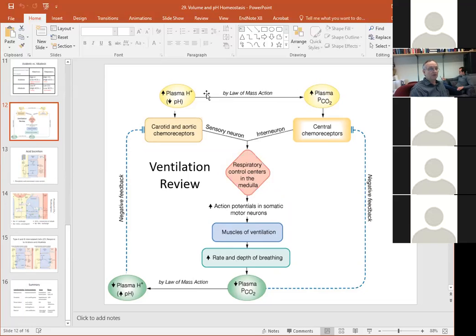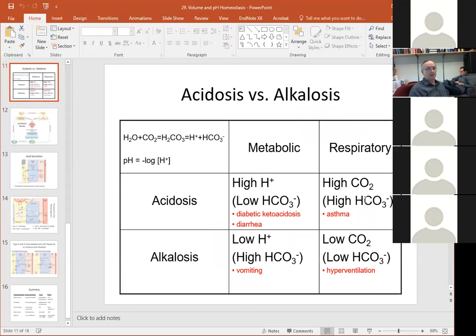By the same token, if we're compensating for low blood pH, we'll do the same thing. The peripheral chemoreceptors in the carotid bodies and the aortic bodies that are near the arch of the aorta send sensory neurons to cause us to breathe higher. So this was the original respiratory response to the derangement.